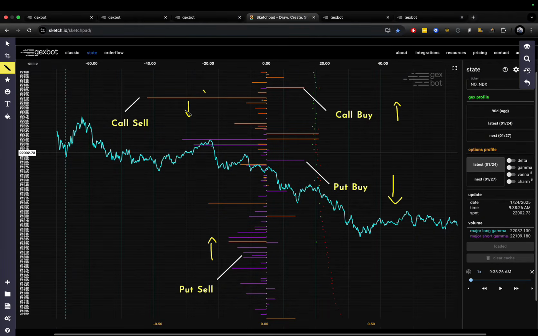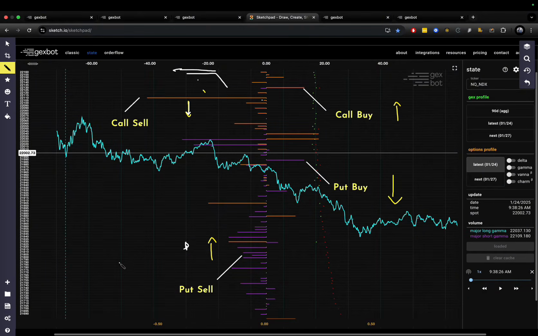But in essence, when we have this orange bar on the left, it means that it is selling of calls, which in nature are bearish, right? Because this client or whatever is doing is expecting the market to go lower, right? The purple on the left is selling of puts, which are bullish, right?